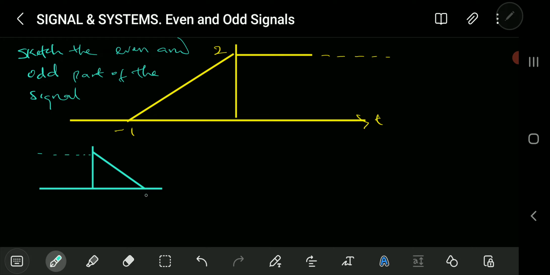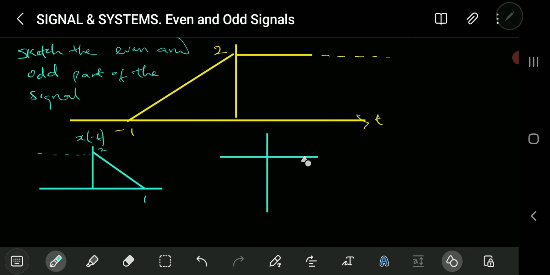So this is going to be 1 and this will be 2. Here we are going to be having x of minus t. At the same time, we are going to sketch minus x of minus t, and that will look like this. What that means is we are going to be flipping x of minus t along the x-axis.